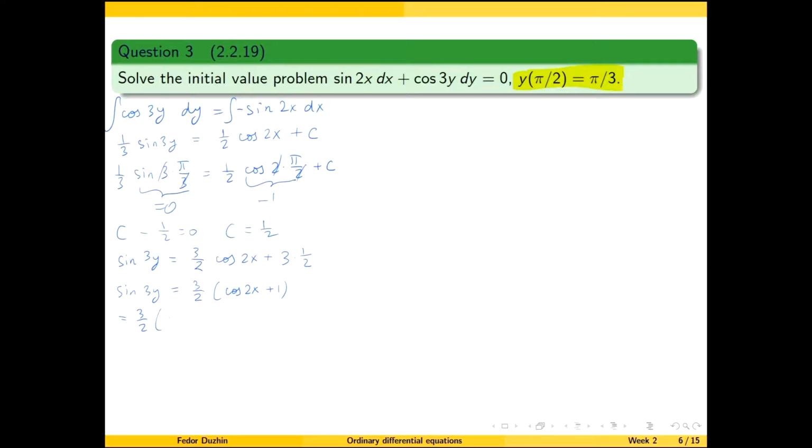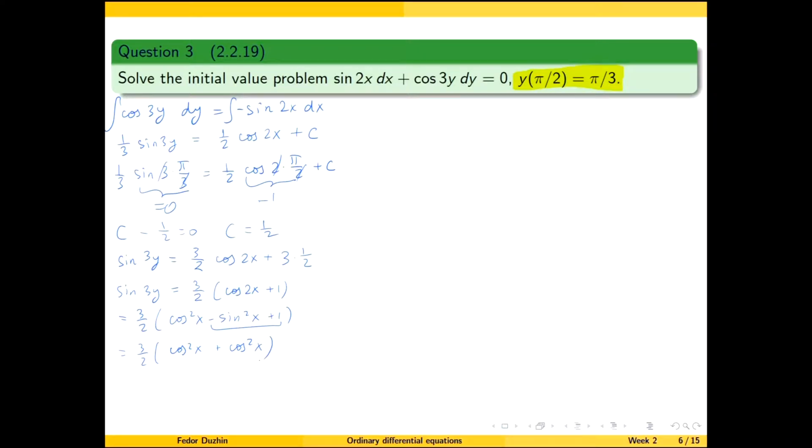So let us just rewrite it as 3 over 2. Then cosine of 2x, I hope you remember that this is cosine square x minus sine square x, plus 1. And then notice that cosine square x plus sine square x is 1, so 1 minus sine square x is actually cosine square x. So then I get 3 over 2 times cosine square x plus another cosine square x.